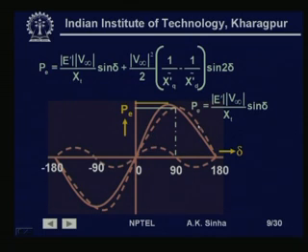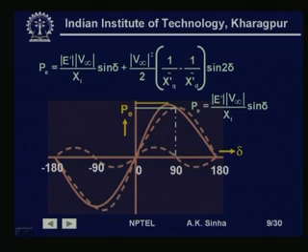Now, what we find is that the salient pole machine has a little more maximum power available than the cylindrical rotor machine. This happens because of the reluctance term or the second harmonic term here, which we normally call the reluctance term, because it is the reluctance power.